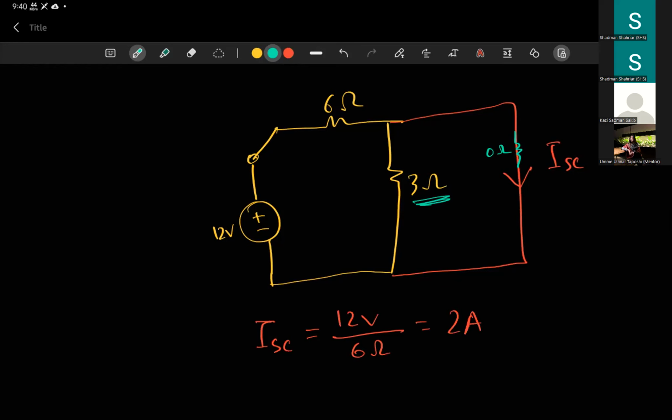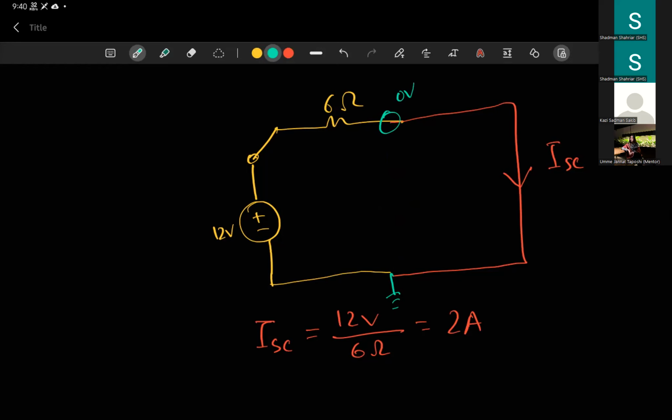Or the other way to see this is that if you have a wire connected across the two ends of a resistor, if this is your ground, this is also at zero volts, so there is no voltage difference across this resistor. So this is basically completely useless.